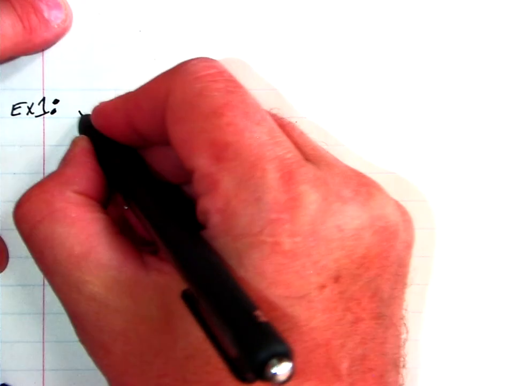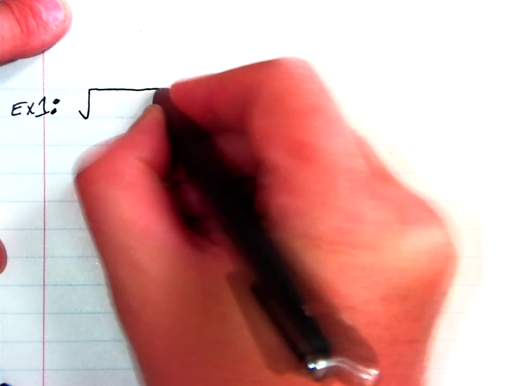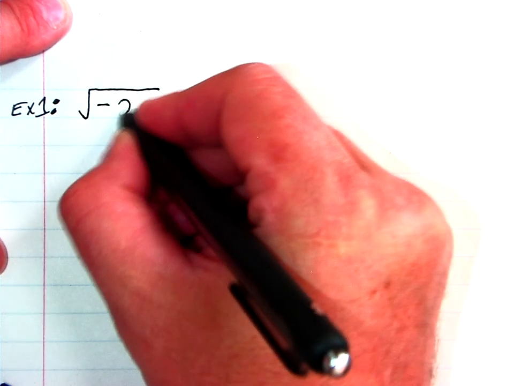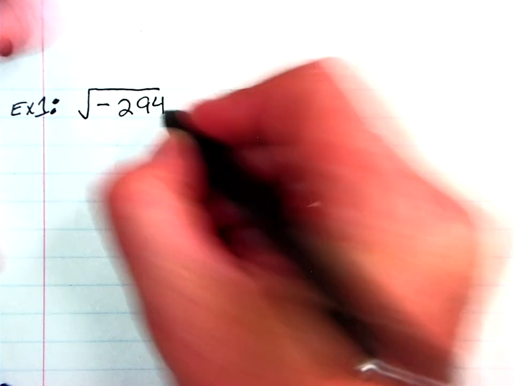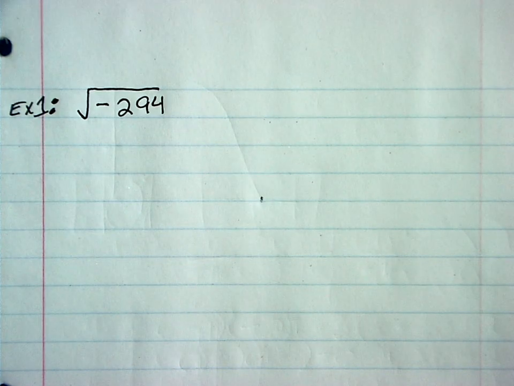All right, example 1. Let's do some math. Enough of the definitions and other stuff. The square root of negative 294.